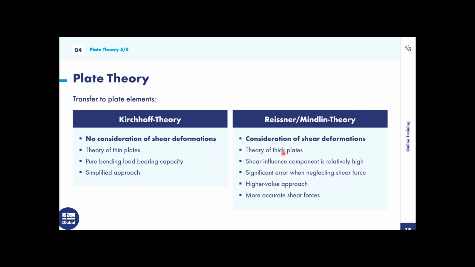With the Reissner-Mindlin theory, the results are pretty good for thick and thin plates, and then the shear influence component is relatively high for this theory. There's also a significant error when neglecting shear force. This also tends to result in a higher value approach, and also produces more accurate shear forces.